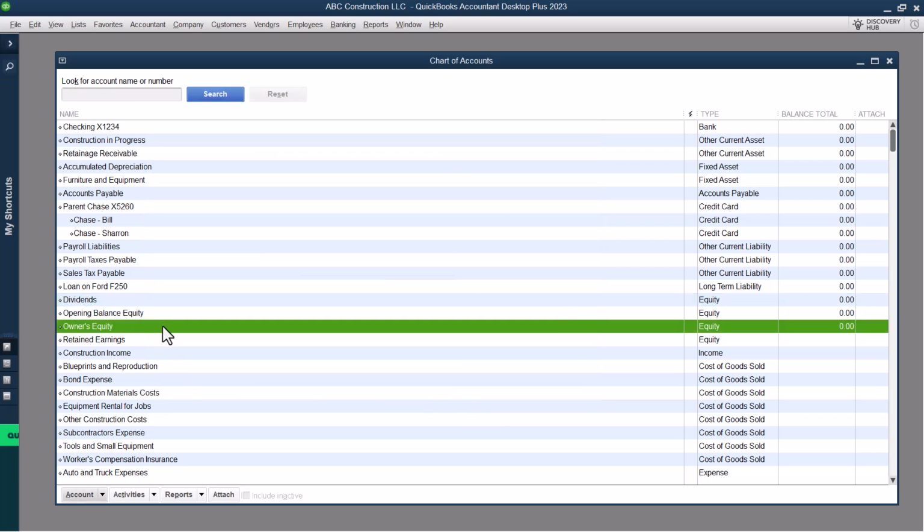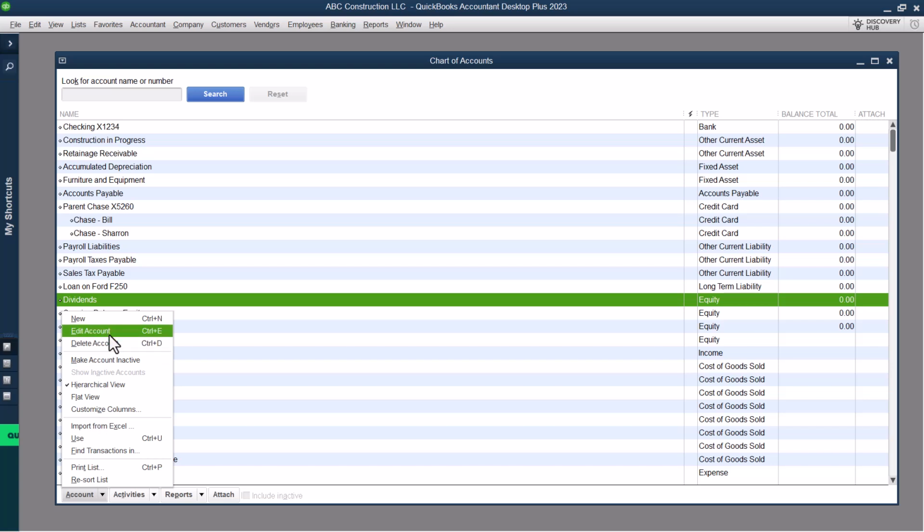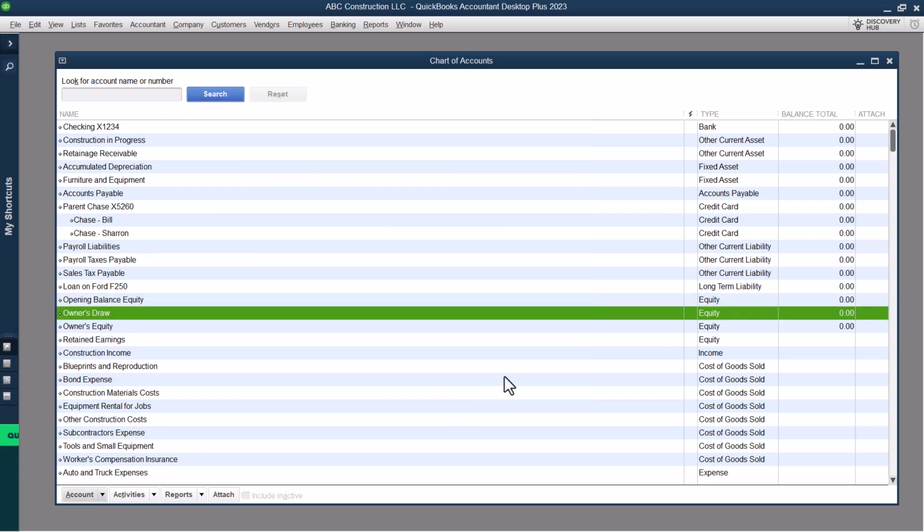This is essentially the amount of money that the owner of the sole proprietor puts into the business. Okay, so owner's equity is the money that the sole proprietor is going to put into the business. Dividends are going to be owner's draw. So this is the money that the owner pulls out of the business.